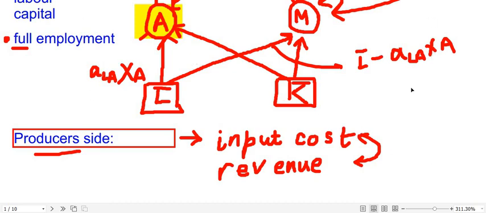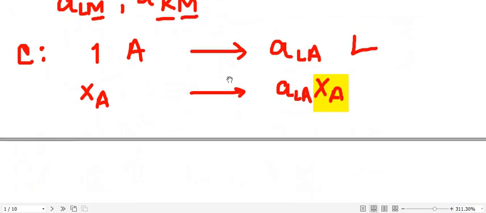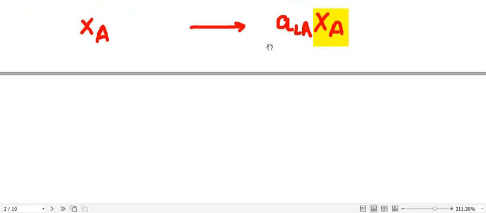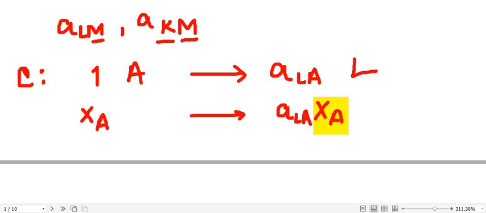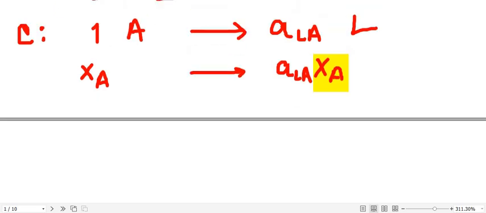So ALA XA is the total labor that goes into the agricultural sector. Now if I want to equate the cost and the revenue of the sector, I can consider it from the point of view of one unit of output.